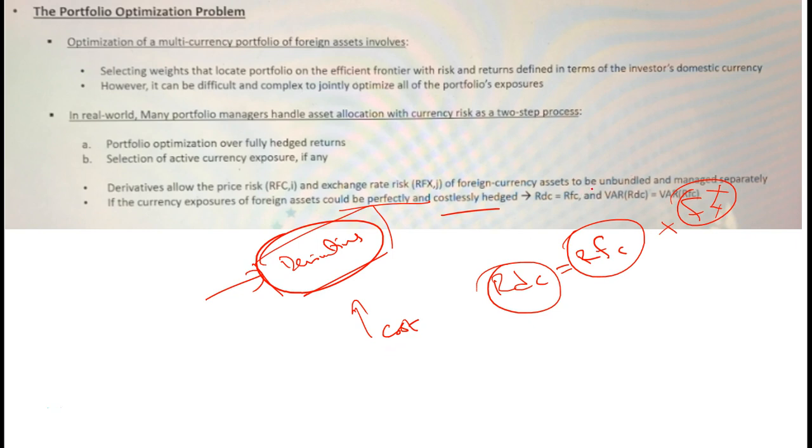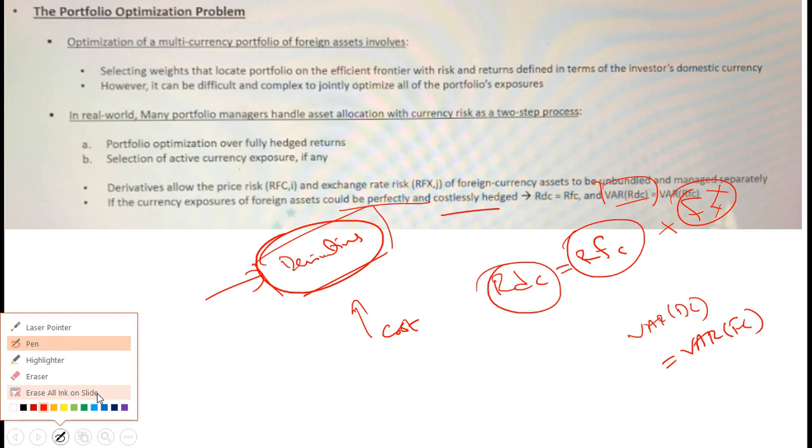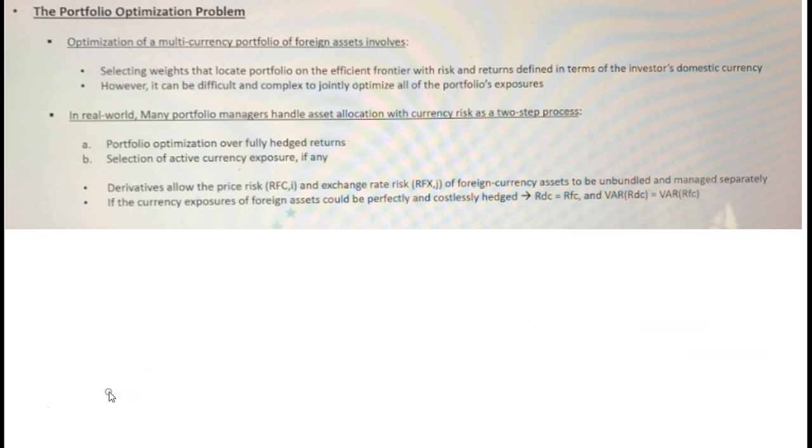And also the variance of domestic currency return will be equal to the variance of foreign currency return, without any difference coming from movement in currency, because movement in currency is completely hedged. But this is only possible if hedging is costless, and second, if you have enough instruments available to perfectly hedge it. That is not the case in a real world environment.